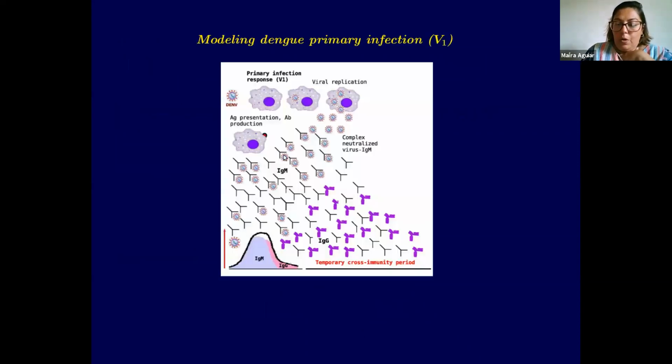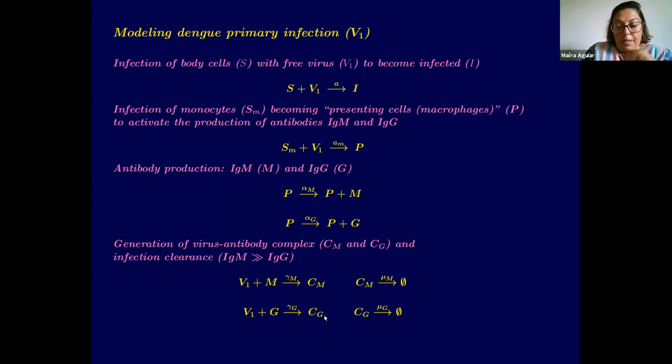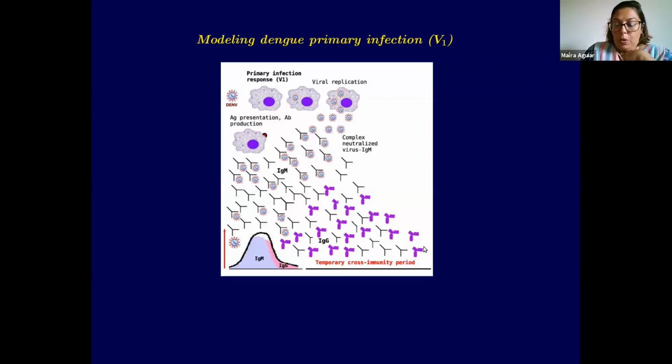So those are the complexes here, IgM dengue virus. And after the IgG being produced, we have this free virus also bound to this specific antibody G, generating complex IgG. Here we do not see it, but it would be the same, this virus here bound to this antibody here, and this would be recognized by the so-called killer cell and would clear the infection.